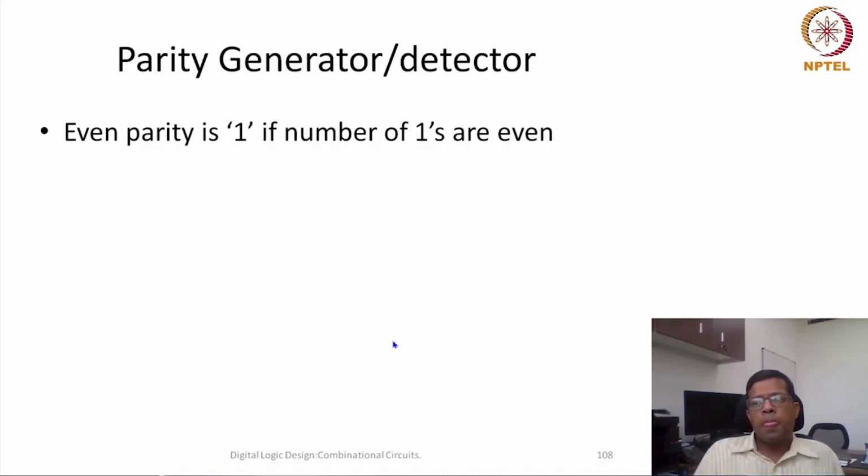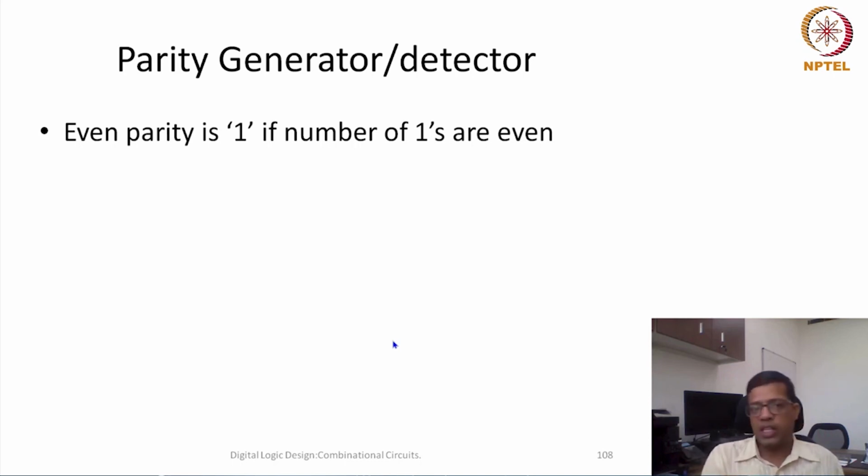So now how are these parity bits useful? If you remember, in our very first lecture we were talking about the advantages of digital design over analog design and other things. At that time we said that digital design has one beautiful feature, that if by chance one of the bits gets flipped from 0 to 1, then there are techniques which can help us identify that there is an error.